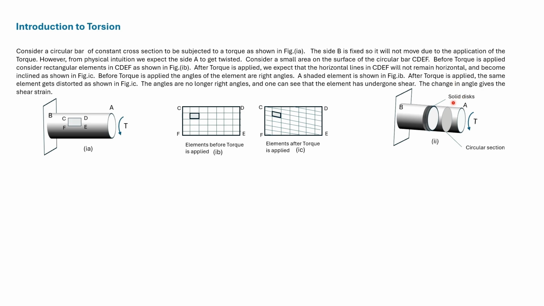We'll also show that there is no distortion within the plane section. We can think of this bar as consisting of infinitesimally thin small disks. Then under torsion, these disks rotate with relation to each other, since plane sections remain plane and there is no distortion within the plane.